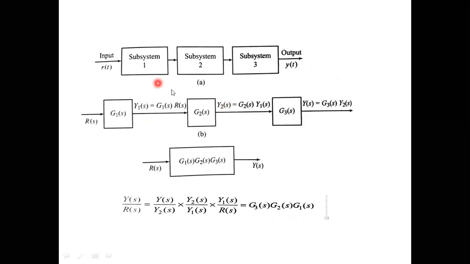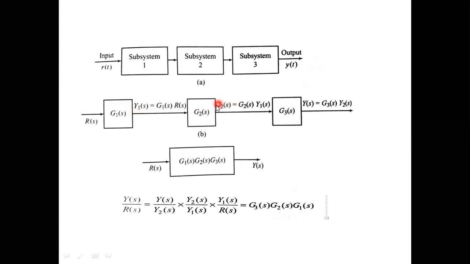Now what do Y1(s) and Y2(s) represent? Y1(s) is the output of subsystem 1, Y2(s) is the output of subsystem 2, and Y(s) is the output of subsystem 3. Y1(s), the output of subsystem 1, acts as an input for subsystem 2.